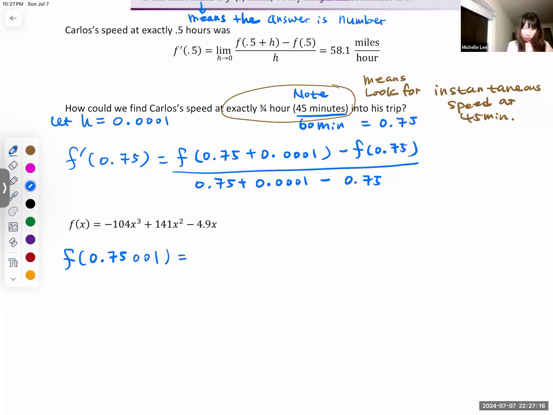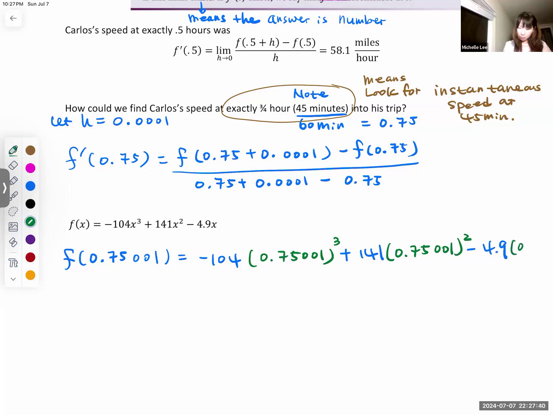Equal to -104 times 0.75001 to the third power plus 141 times 0.75001 to the second power minus 4.9 times 0.75001. Okay? All right, let's calculate. Okay, I realized that I made a mistake there, right?